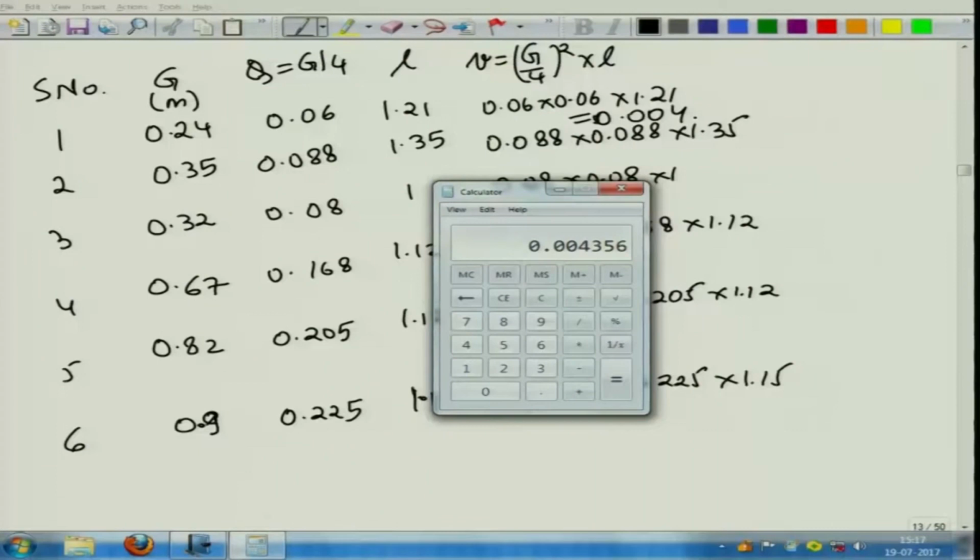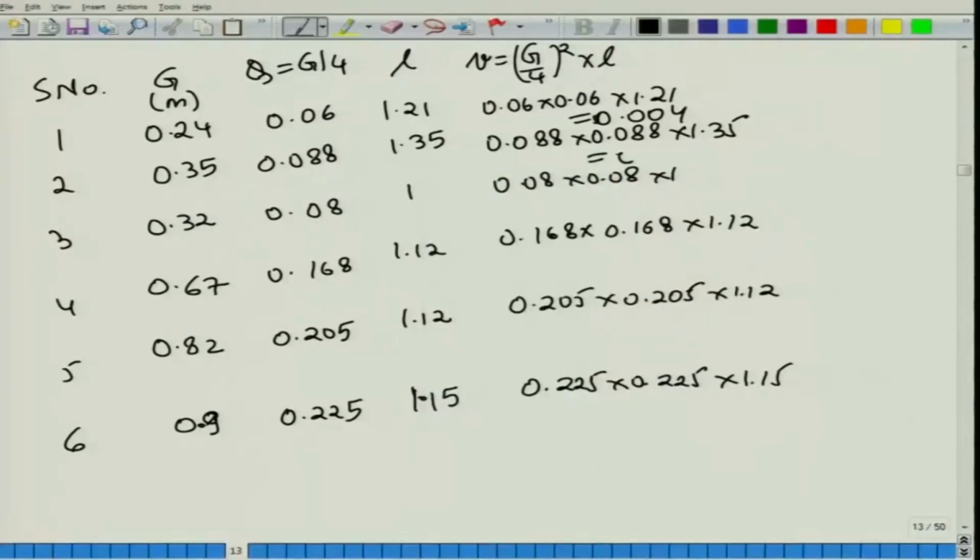In the second case we have 0.088 into 0.088 into 1.35, which is 0.105. In the third case we have 8 8s are 64, 0.006.